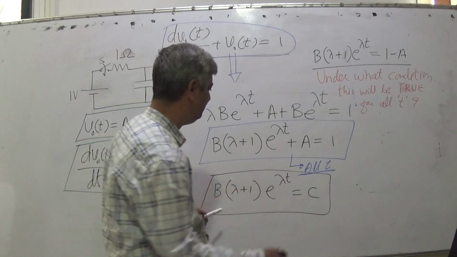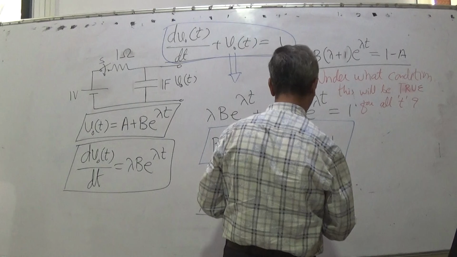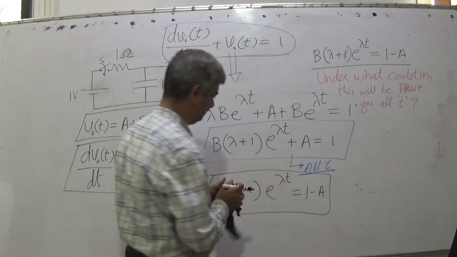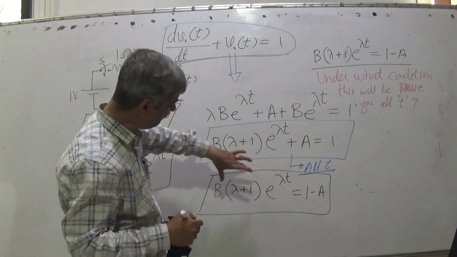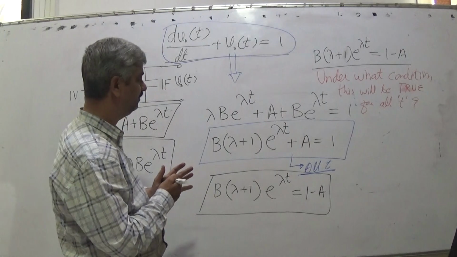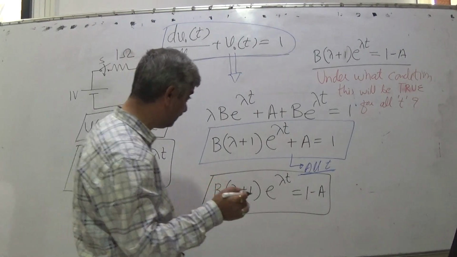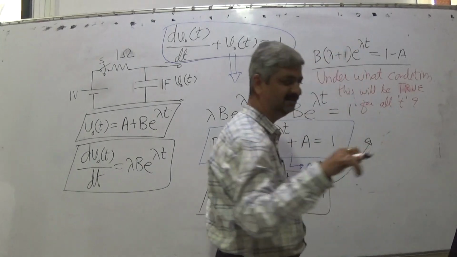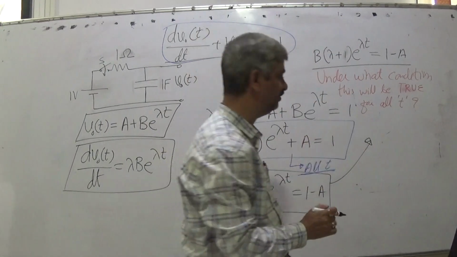I think this C assumption is not needed, we can work with 1 minus a itself, no problem. So the left hand side will be constant when, you can pause, think for a while and then look at the whiteboard.